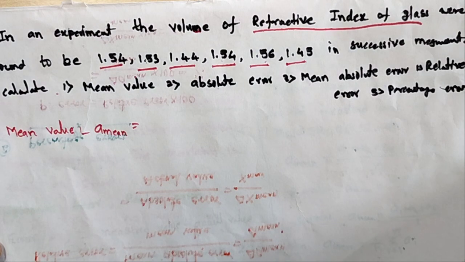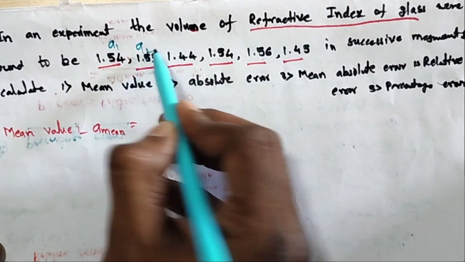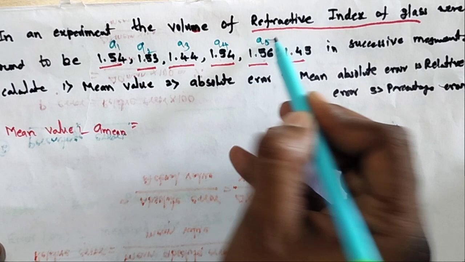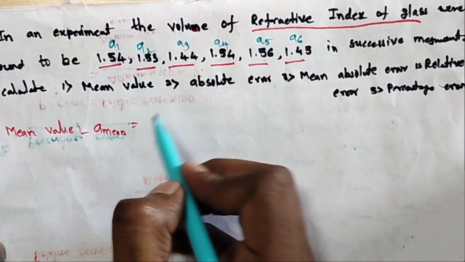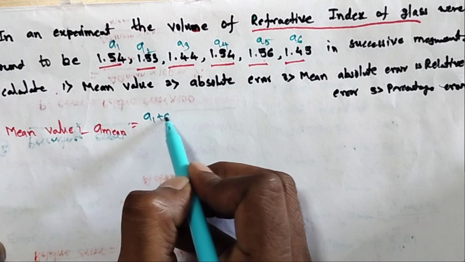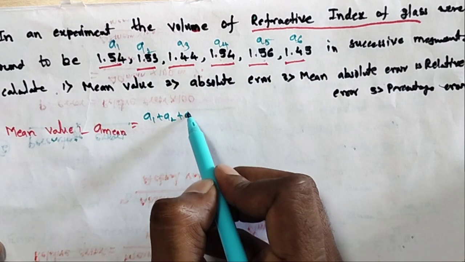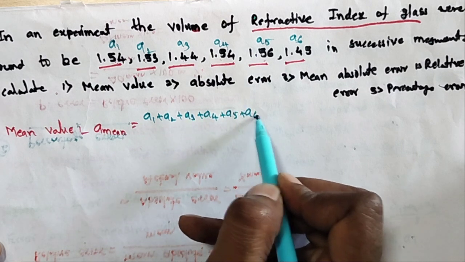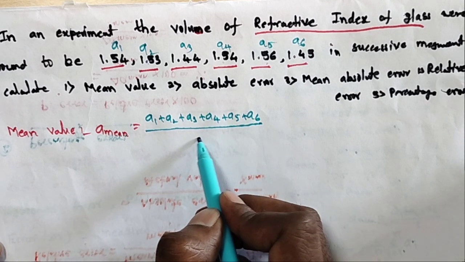Each measurement I take as a1, a2, a3, a4, a5, a6. The a mean formula is a1 plus a2 up to a6 divided by n, the number of values, total 6 values.